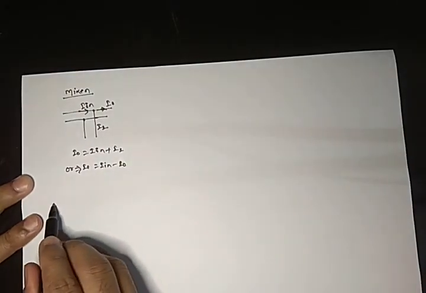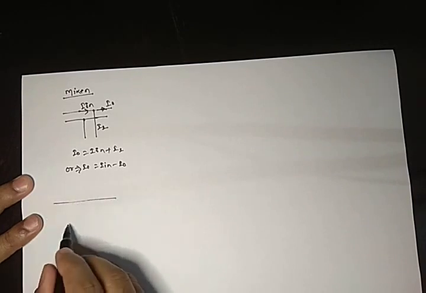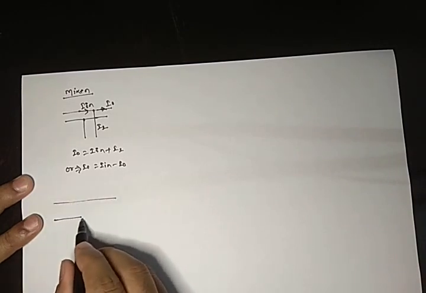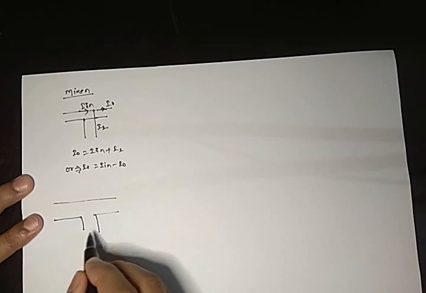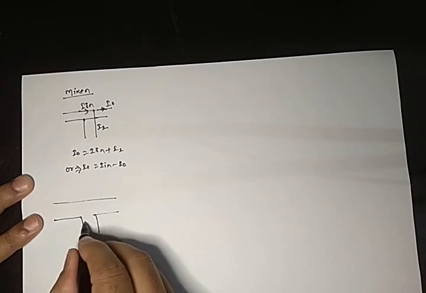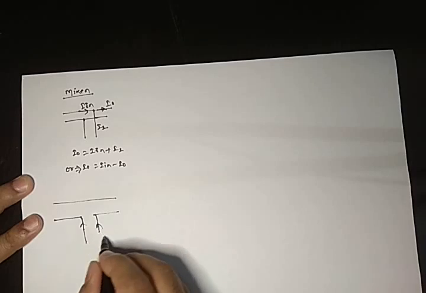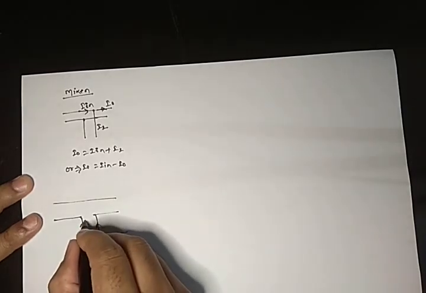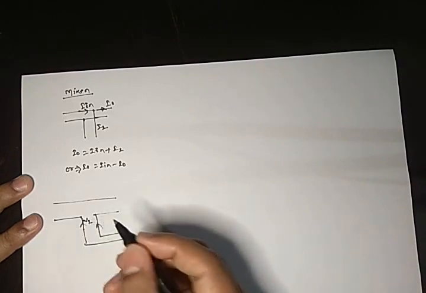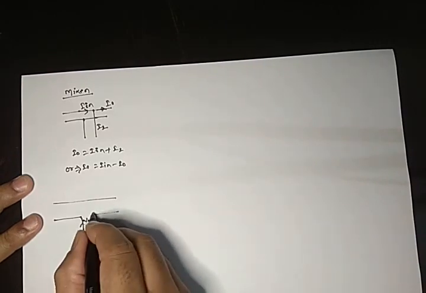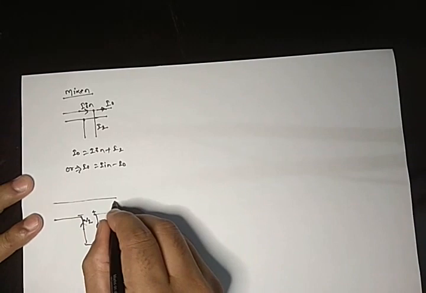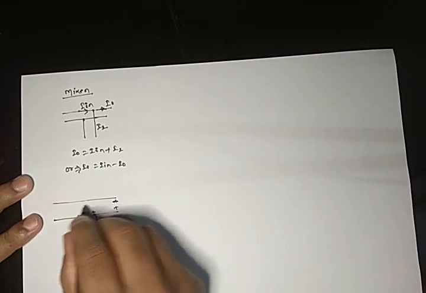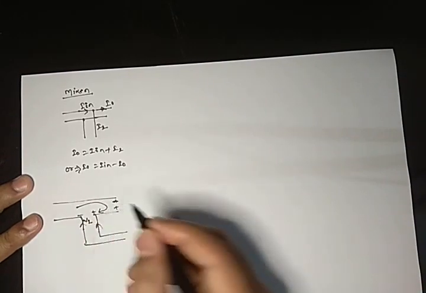If we want to mix voltage across this one, then we have to add in series. This is the voltage we are adding. This is the addition of voltage in series.